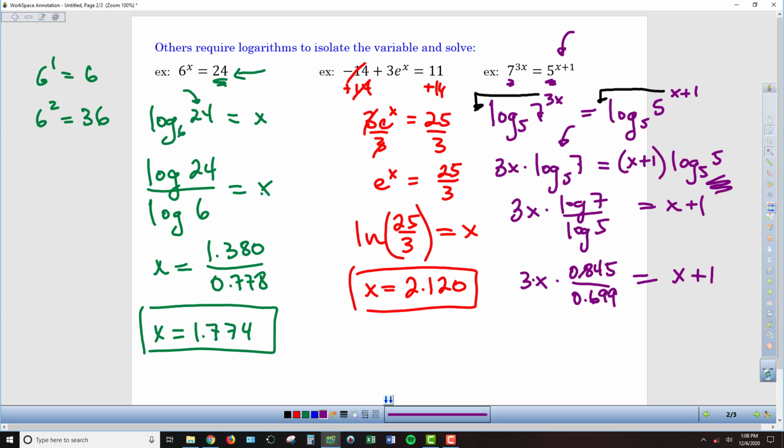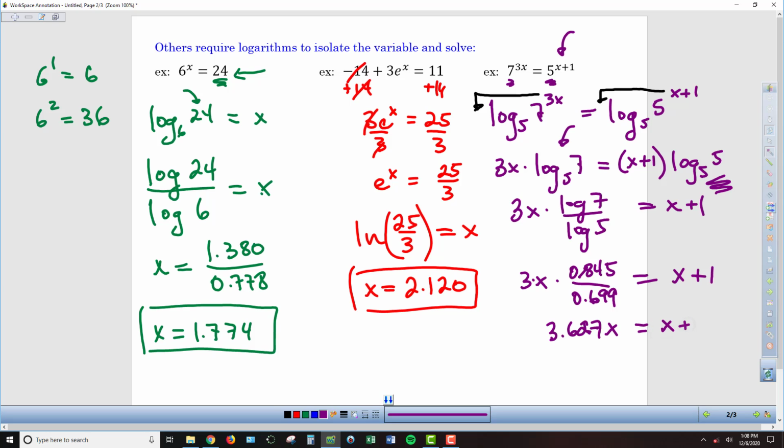It's 3 times x times 0.845 divided by 0.699. So I'm just going to do that all in my calculator. And so ultimately, we end up with 3.627 times x. So 3 times 0.845 divided by 0.699 is 3.627.